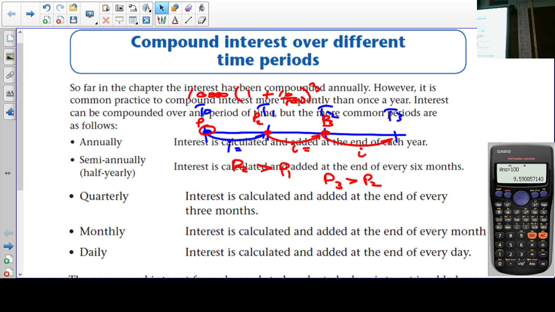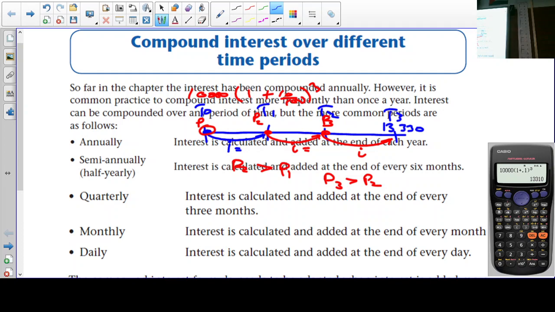We'll get 10,000 into 1 plus 0.1 to the exponent 3, let's put it in normal mode. So that will end off with 13,310 Rand at the end of 3 years.